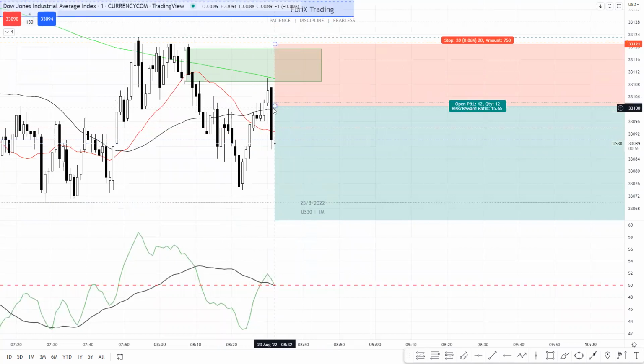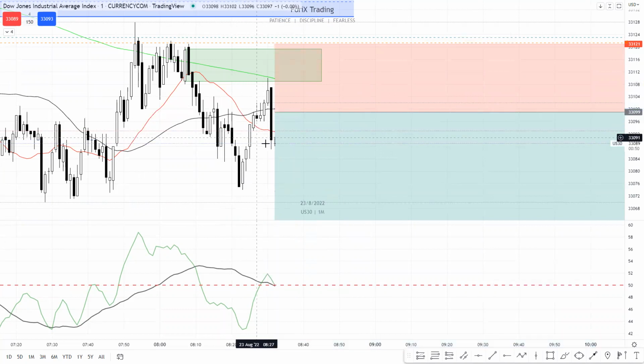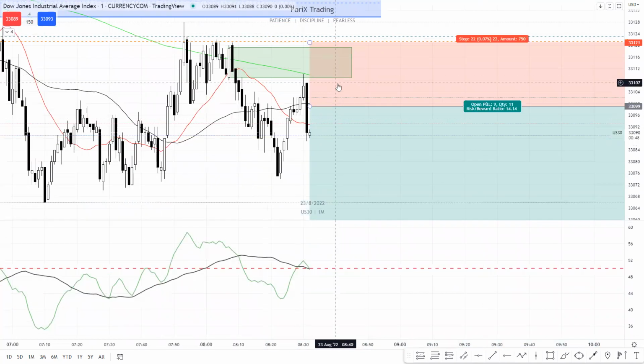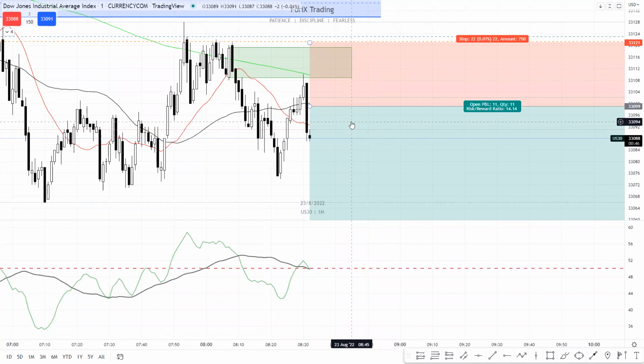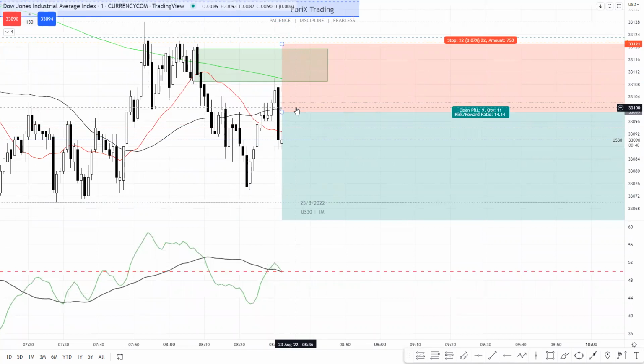Waiting for that pullback. So yes, I would like to see some kind of pullback and in any situation, for me to enter, any sort of pullback whatsoever. I just need to see that happen.